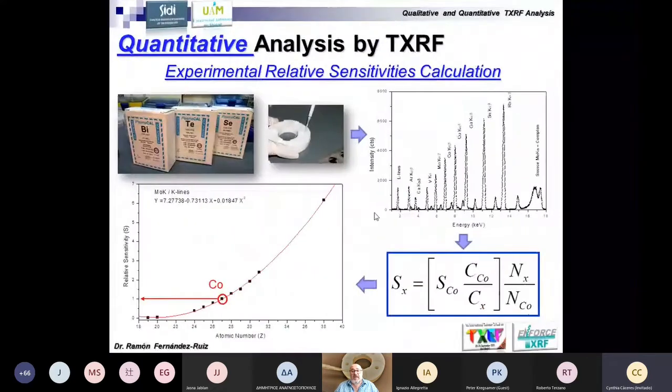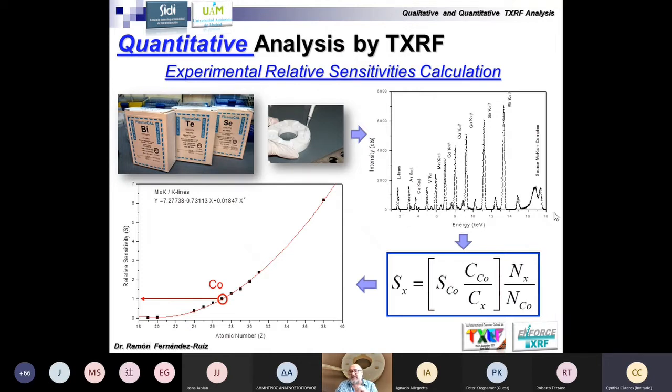Now, okay, and now we need to obtain our experimental relative sensitivities, of course, and how. The process usually, this is a very good method. The most important is to have very good standards, really, single standard or multi-standard that you can combine to obtain a good sequence of atomic numbers, of well-known concentration.